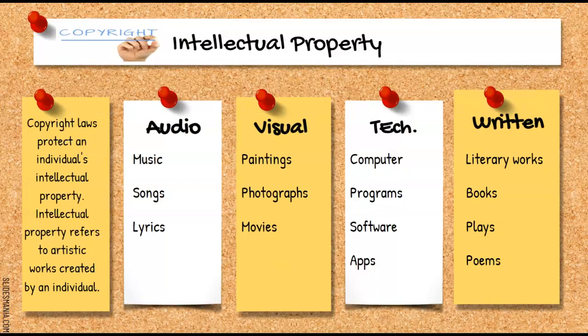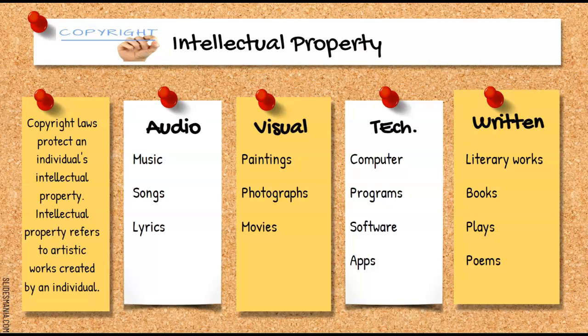Intellectual property. So what is intellectual property? Well, copyright laws protect an individual's intellectual property. Intellectual property refers to artistic works created by an individual. Now, when we say artistic, we don't just mean someone like an artist.